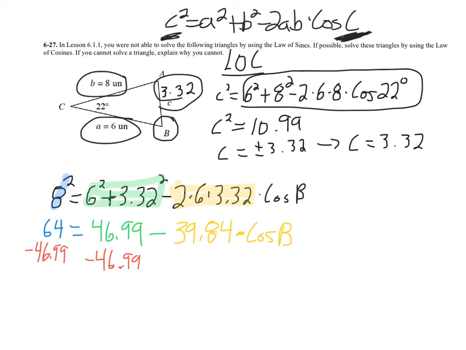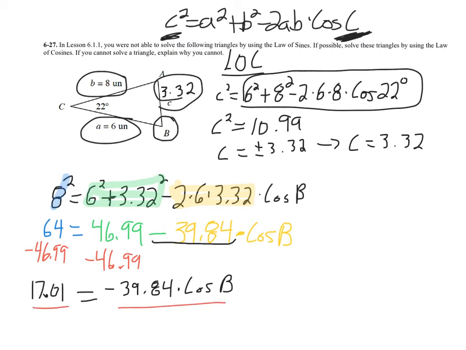And that gives me 17.01 equaling a negative 39.84 times the cosine of B. So now I'm going to divide both sides by a negative 39.84.